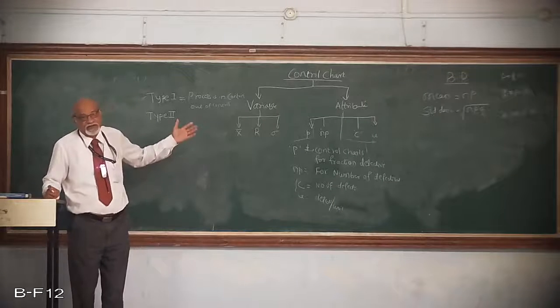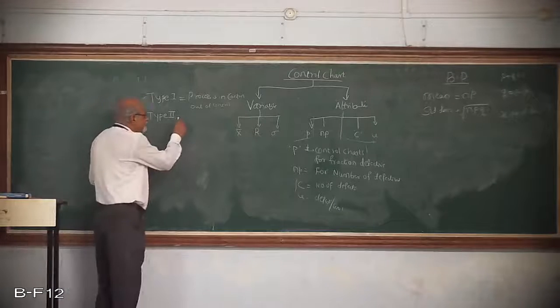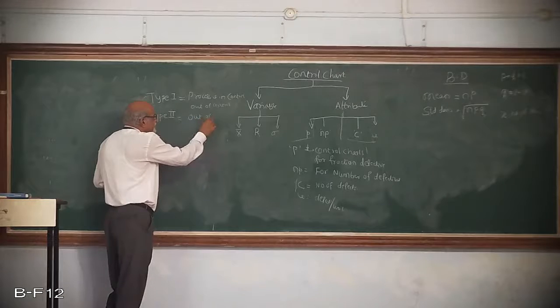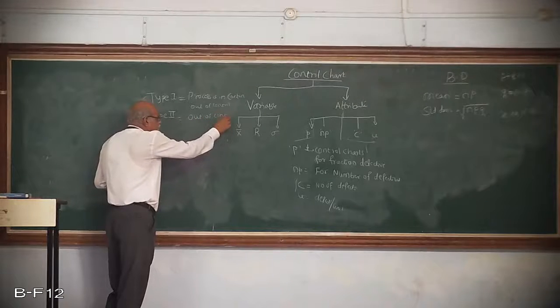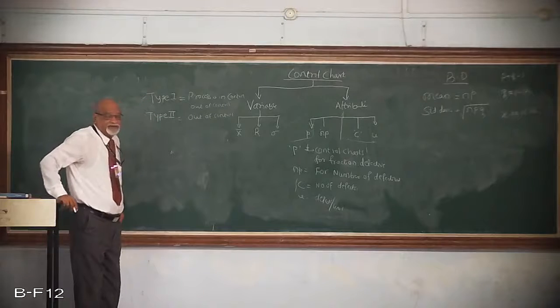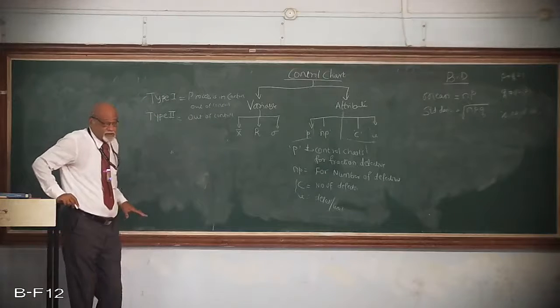So in case of type 2 error, the process is really out of control. It is not producing good items. But based on the sample, we say that no, it is perfectly okay.